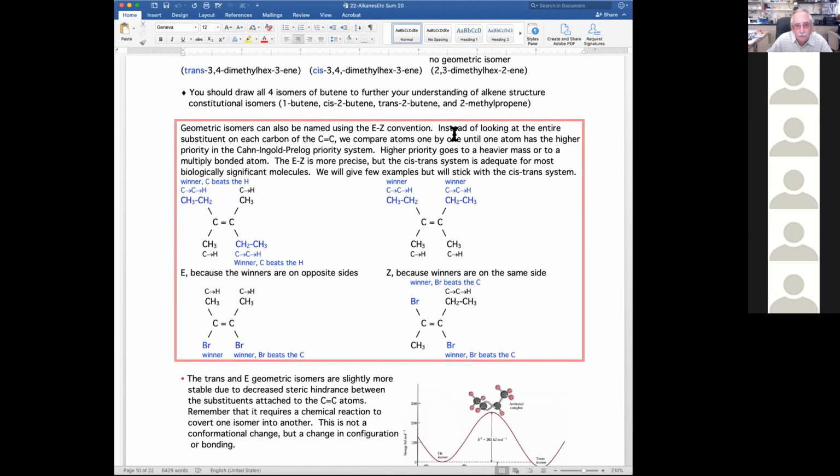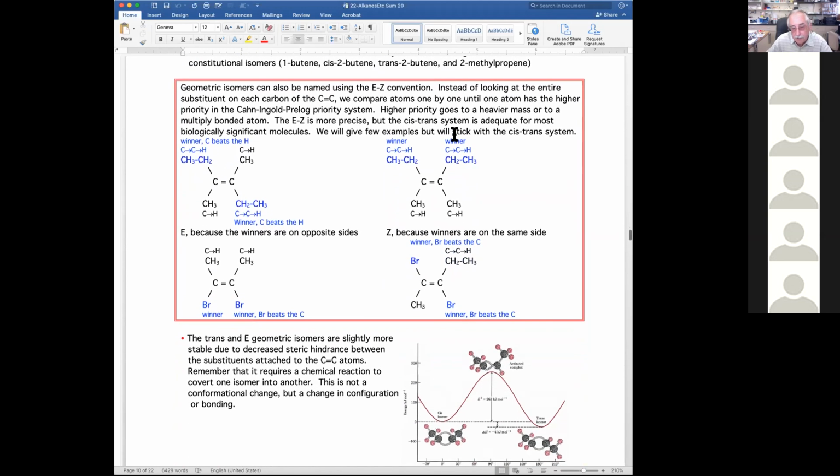And I will go through the EZ convention because it is more precise. So what you do is not simply which one is bigger and which one is smaller. You have to go through a priority system. So to decide who the winner is that's attached to this carbon, you go to the very first atom that it's bonded to.